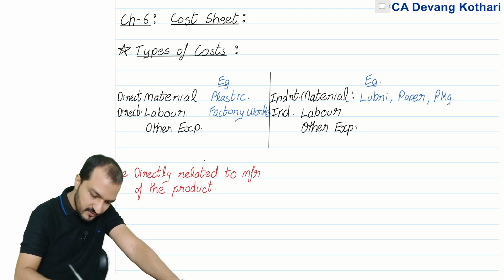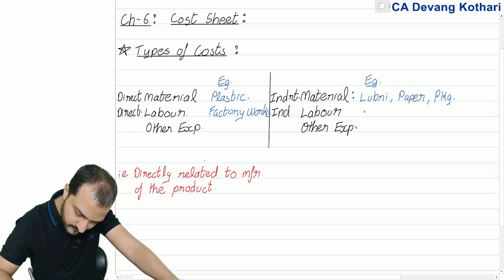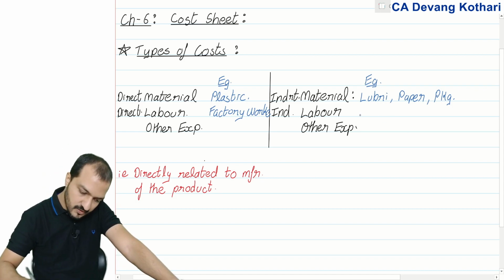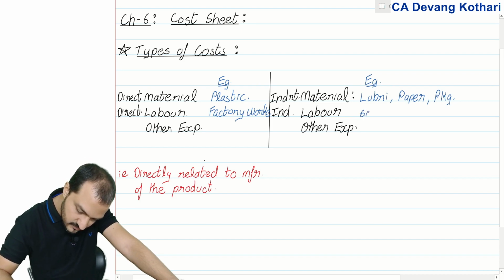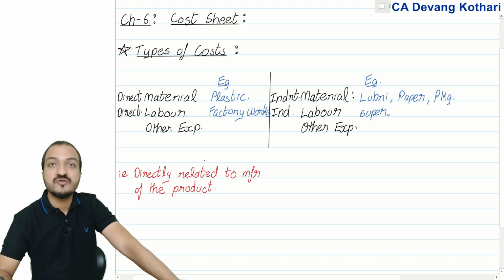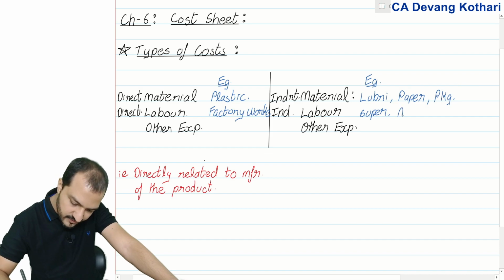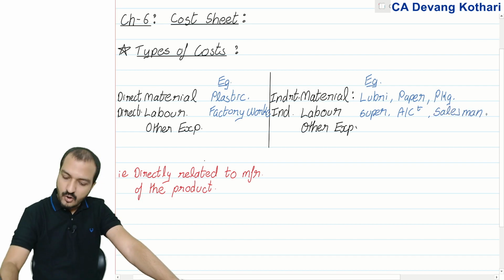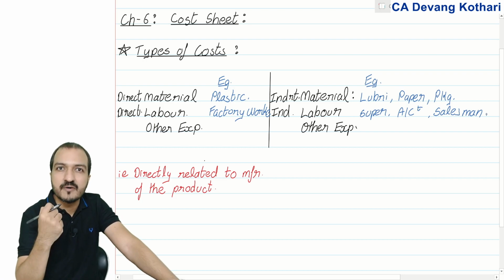So indirect labor examples: security guard, or better, the factory supervisor, accountant, or salesman. All those salaries will become indirect labor, correct?